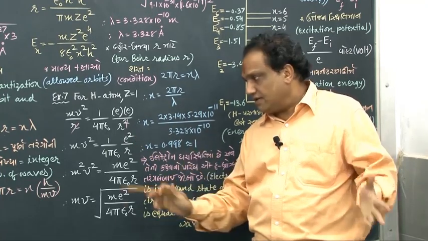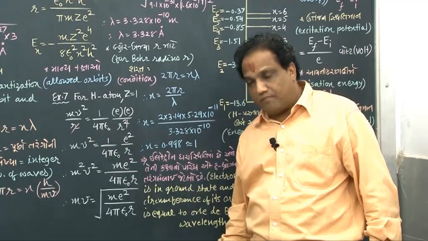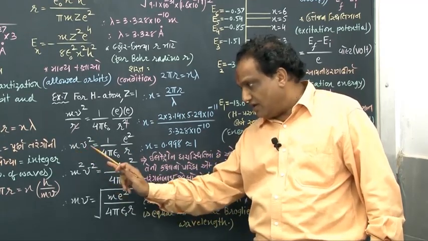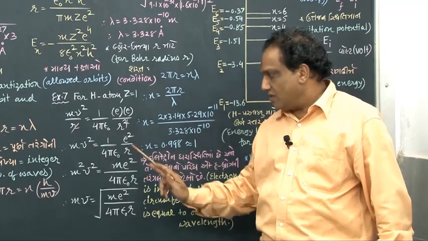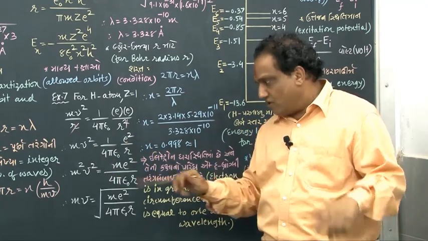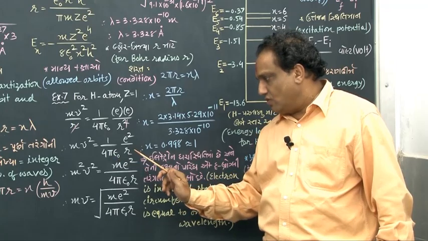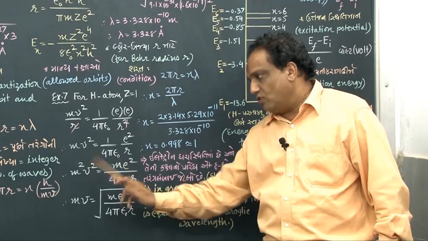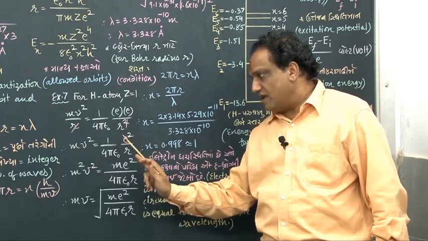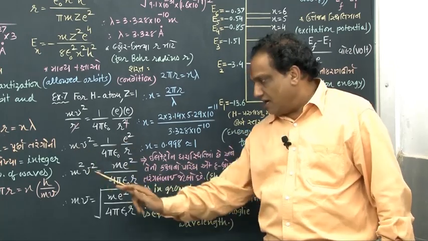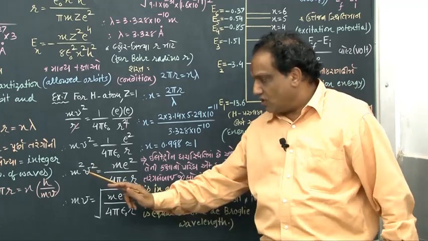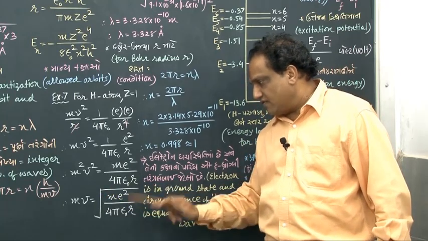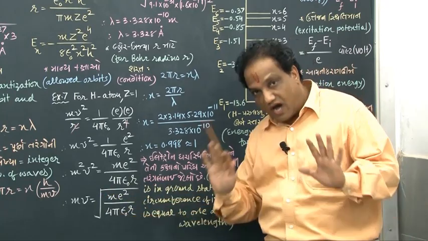Now multiply by m on both the sides. m into m is m square, so we get m square v square equals m e square upon 4 pi epsilon 0 r. Now take the square root on both the sides. The square root of the left side will be m into v, and the square root of the right side will be under root of m e square upon 4 pi epsilon 0 r.